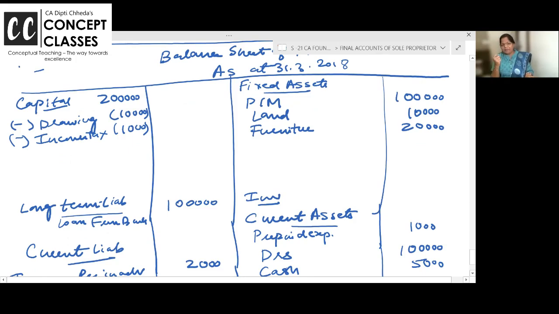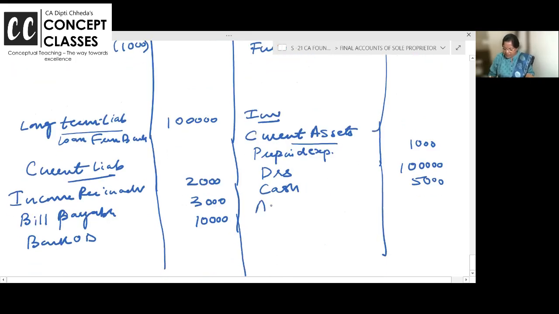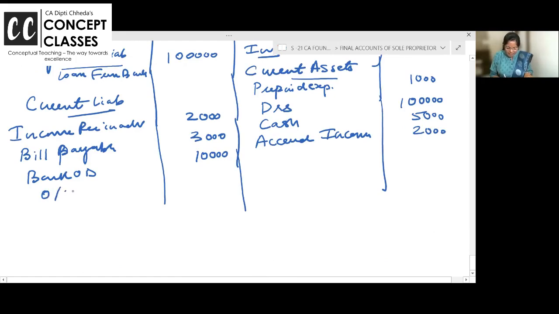You have not yet paid, but it is receivable for me. So accrued income is an asset. Outstanding expense is a liability.